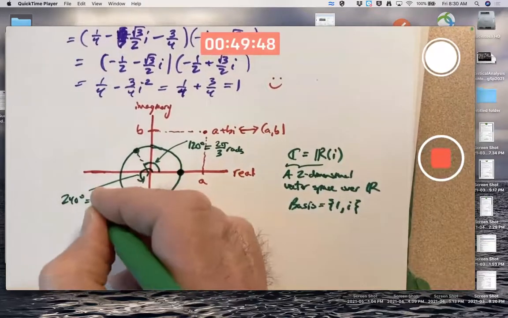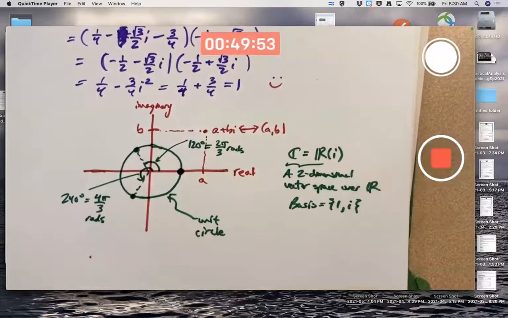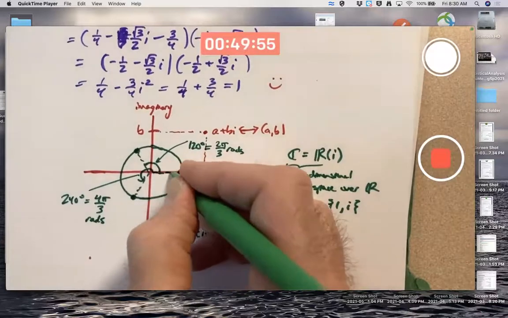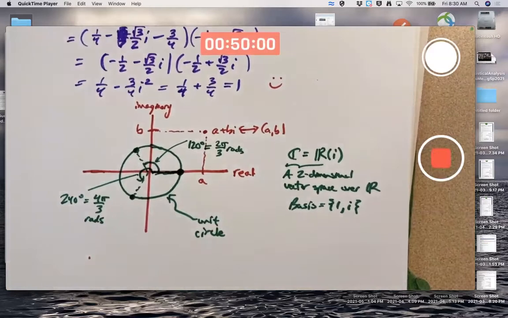In radians, that would be 4 pi over 3. And 1 is at an angle of 0. These three complex numbers are all 1 unit from the origin. They have an absolute value of 1, and they are equally spaced in terms of the angles between them. It's a 120 degree rotation from one cube root of unity to the next cube root of unity.